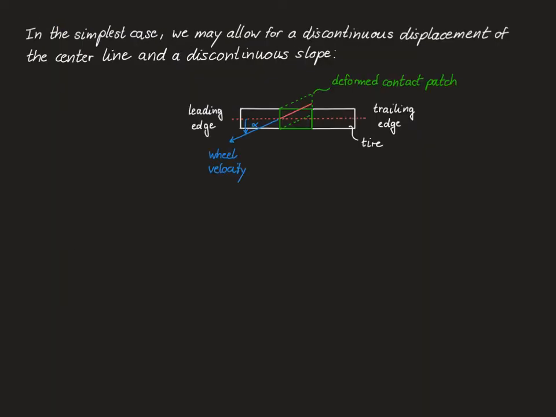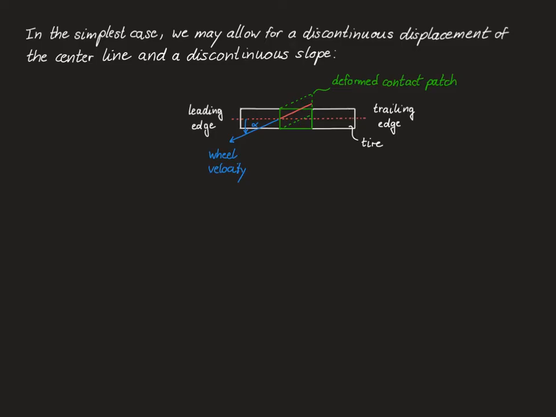In the simplest case that one can imagine, we may just allow for a discontinuous displacement of the center line of the tire, and also for a discontinuous slope. This situation is sketched in the figure down here. We see in blue the wheel velocity, which is at an angle alpha to the geometric orientation of the wheel.